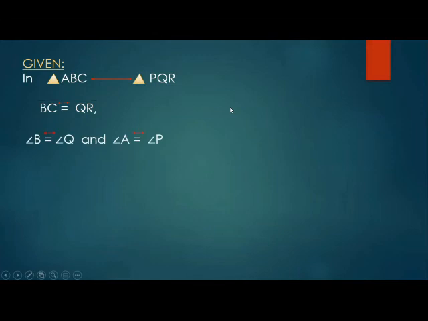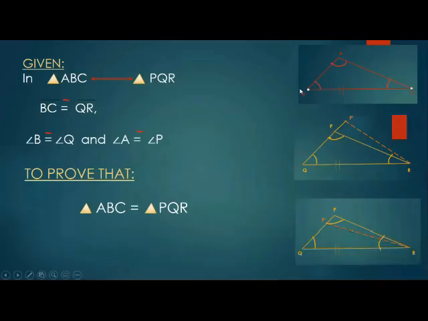So BC is congruent to QR and angle B is congruent to angle Q. So this is side BC congruent to QR, and angle B is congruent to angle Q, and angle A is congruent to angle P. So what we have to prove? We have to prove that these both triangles ABC are congruent to PQR.